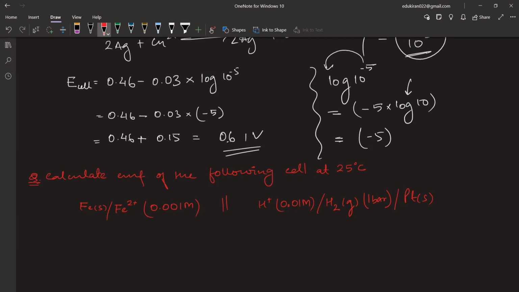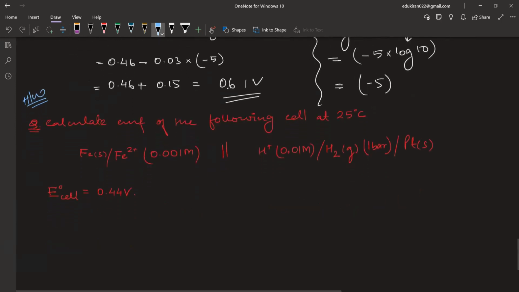And it has been also given E naught cell is equal to 0.44 volts. You have to calculate the EMF. बस हो गया. This is the homework that you will do.